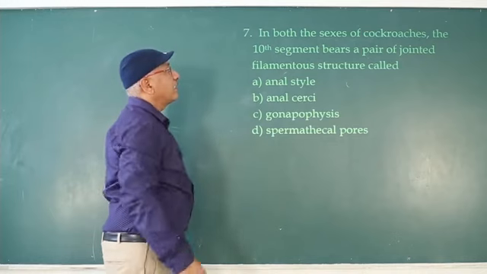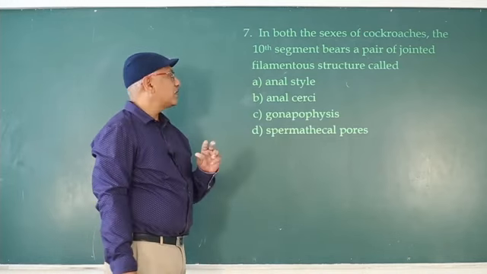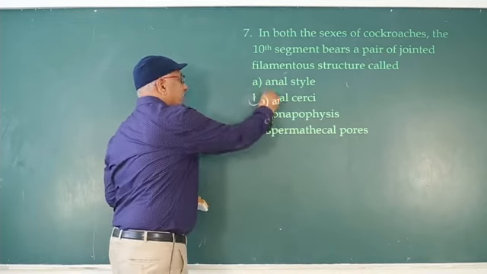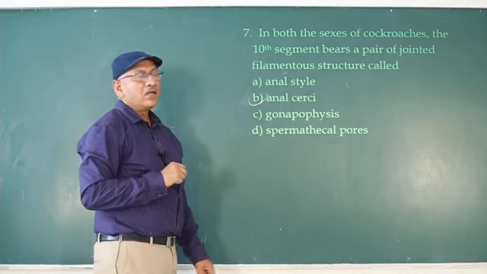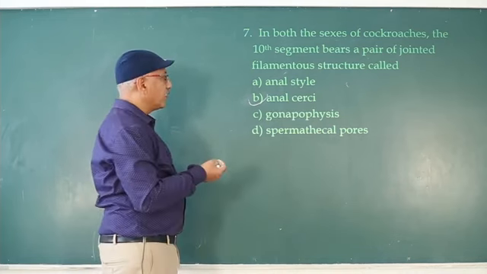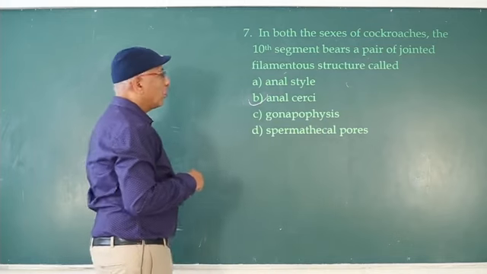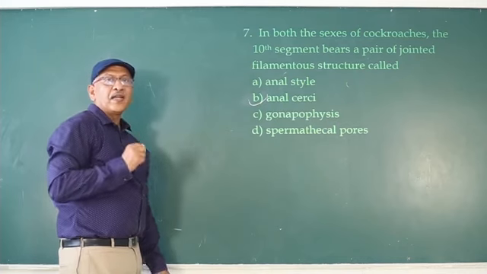In both the sexes of cockroach, the 10th segment bears a pair of jointed filament structures known as anal cerci, and each anal cirrus contains 15 joints, and they receive the sound vibrations. Anal cerci receive the sound vibration. What are gonophyses? Hook-like structures present around the genital aperture.